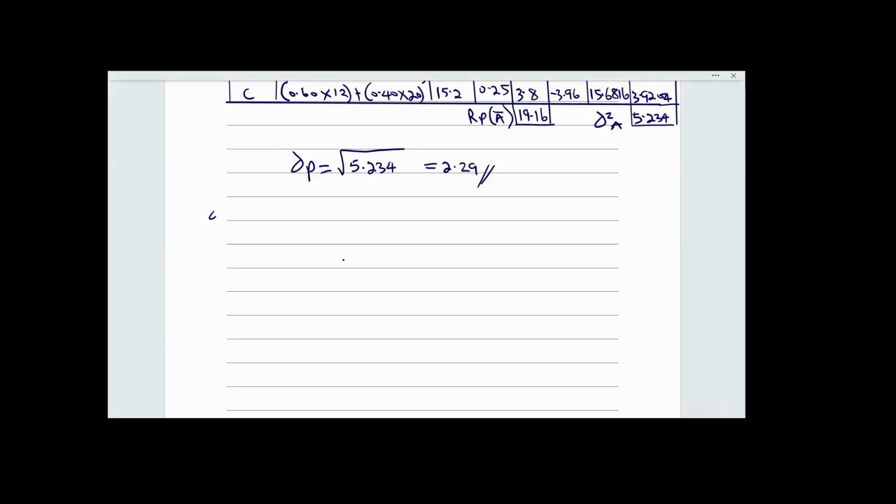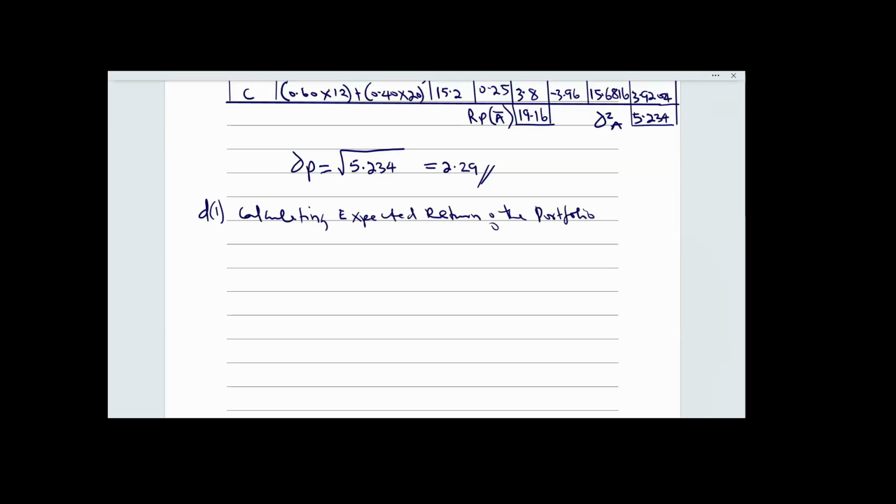So number D, Roman figure 1, calculating expected return of the portfolio.